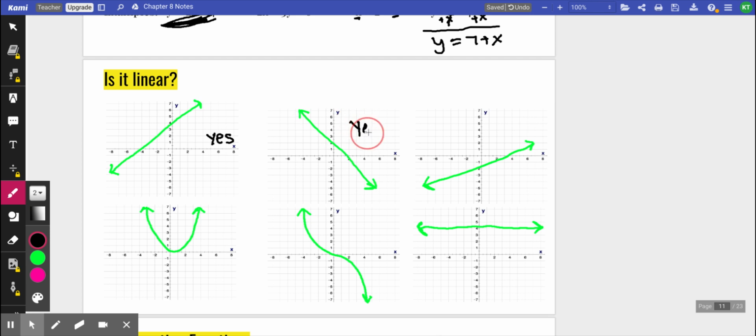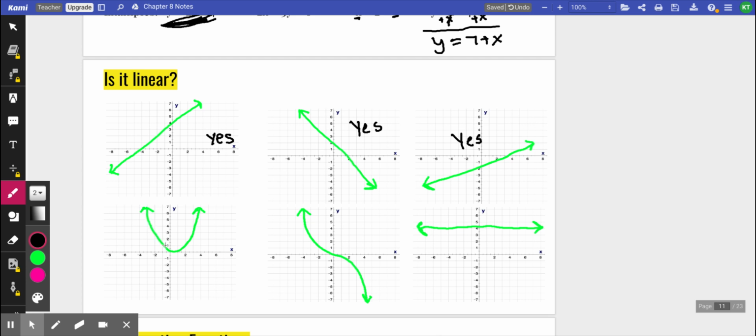This one, yes, that is a linear function, a straight line decreasing at the same rate all the way across. Here's another one, yes. Don't mind the little bump there, those are supposed to be straight. I'm just not the greatest at drawing those lines, but it is increasing, not as much as the first one, but it's still increasing at a constant rate.